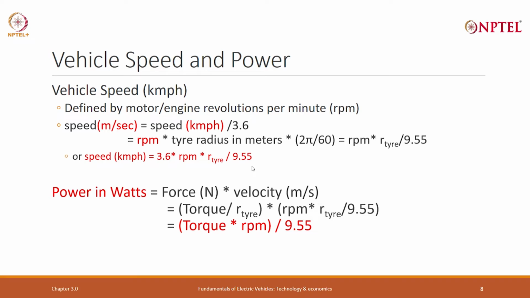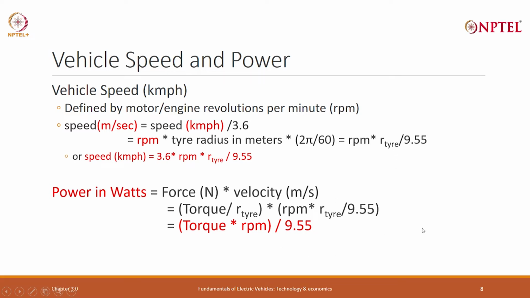Now, this was the speed. What about power? Power is force into velocity, and force you normally put in newtons and velocity is in meters per second. Now, what is force? Force is torque divided by radius. Torque is Newton meter, radius is in meter. So, torque divided by radius, and velocity we have just seen is RPM into R tire divided by 9.55 meter per second.